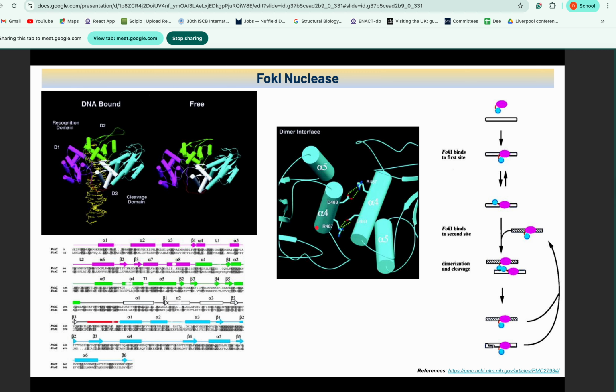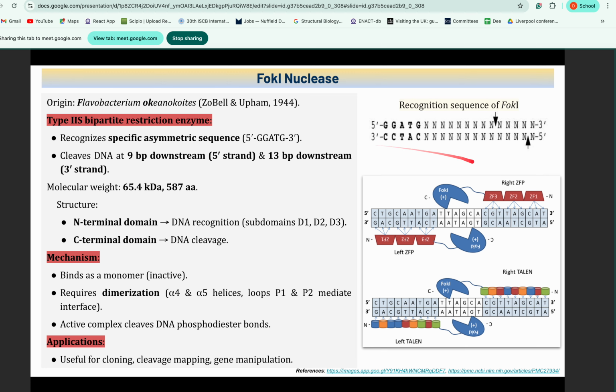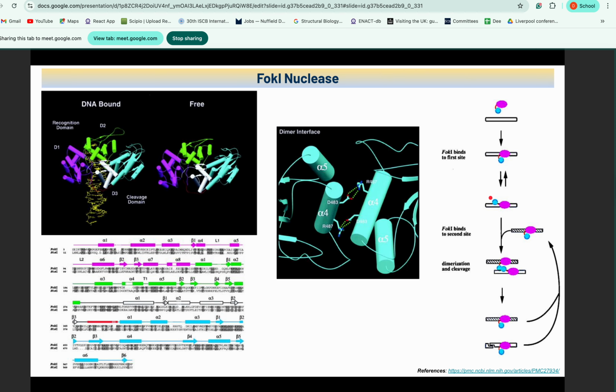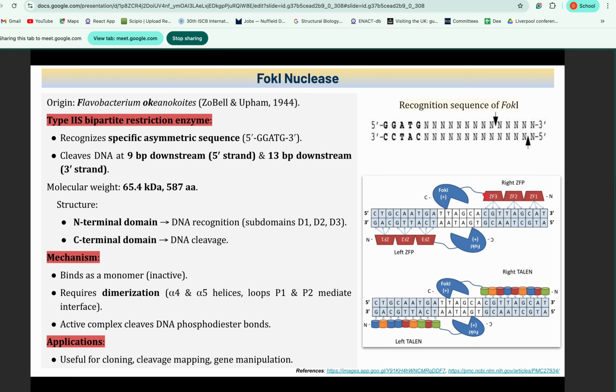Yeah, this shows how the dimer interface is made. Dimeric interface means this Fok1 and this Fok1 are two monomeric units. So how do they interact with each other? They interact through alpha 4 and alpha 5, these blue ones present in the C-terminal domain.